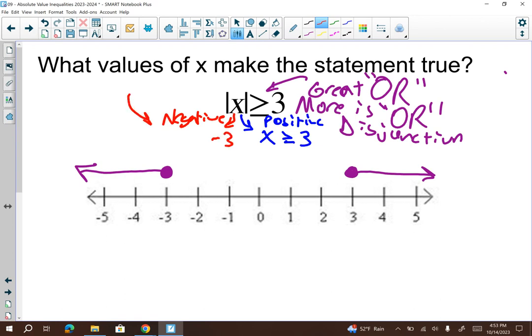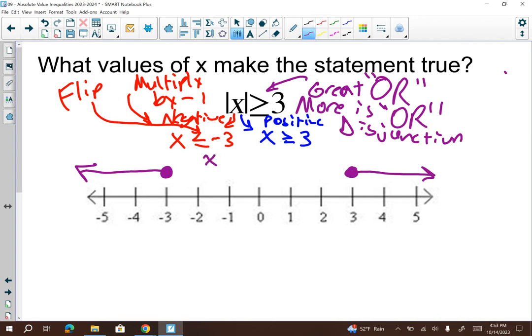We do that by multiplying by -1. And whenever we multiply by a negative, we have to flip that inequality symbol. So that's going to make it less than or equal to -3. So we're getting that disjunction. X is less than or equal to -3. And as a final answer, we would just write it in that disjunction notation, just like that. Okay.